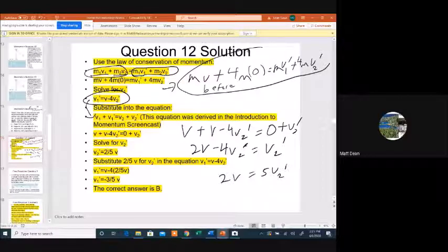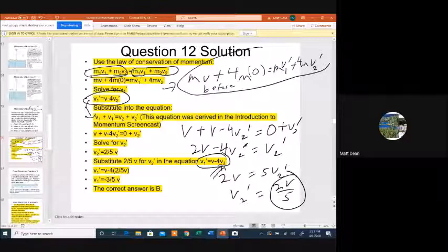Divide both sides by 5 and get v2 prime equals 2/5 v. Then if I'm looking for v1, which I need to know the velocity of both, I can take this 2v over 5 and plug it in right there for v2 prime, solve for v1 prime, and get negative 3/5 v. So lots of steps there.